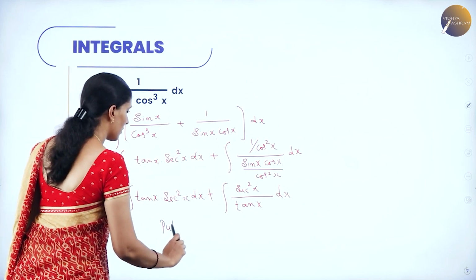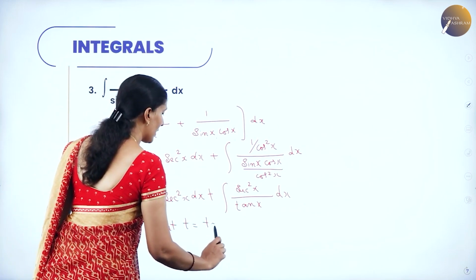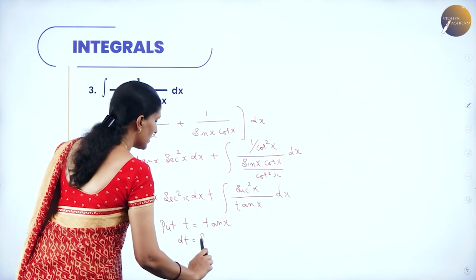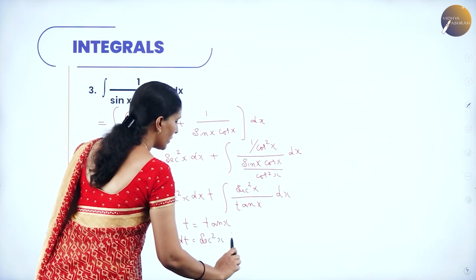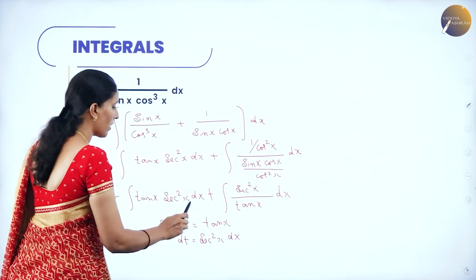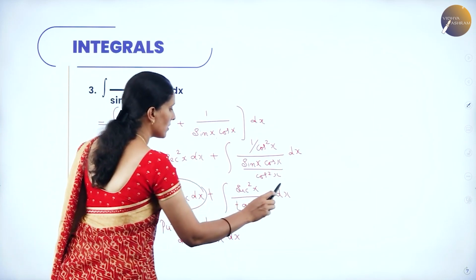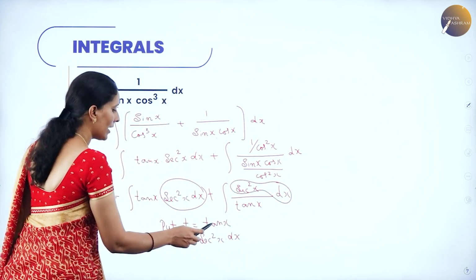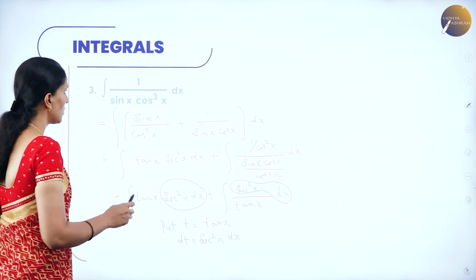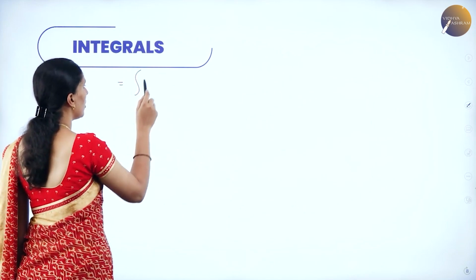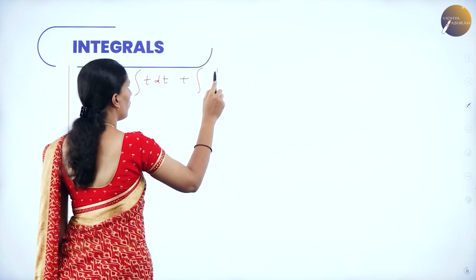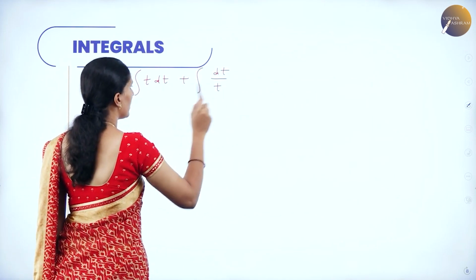Now here let us make a substitution. Put t is equal to tan x. Then dt is secant square x into dx. So in both the functions, secant square x dx can be replaced with dt, and tan x can be replaced with t. So it becomes integral of t dt plus integral of dt over t.